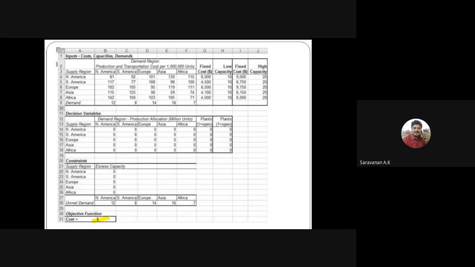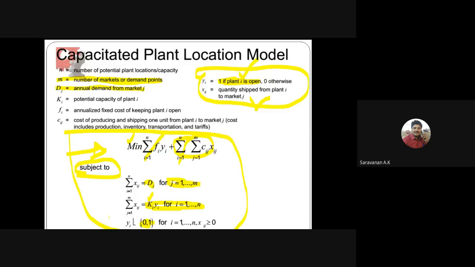If I have time, I will create an Excel sheet using the Solver add-on tool, and I can explain it in the last class, after the syllabus is completed. Now you can see the capacity location model, what optimization objectives are used here, and what the constraints are.